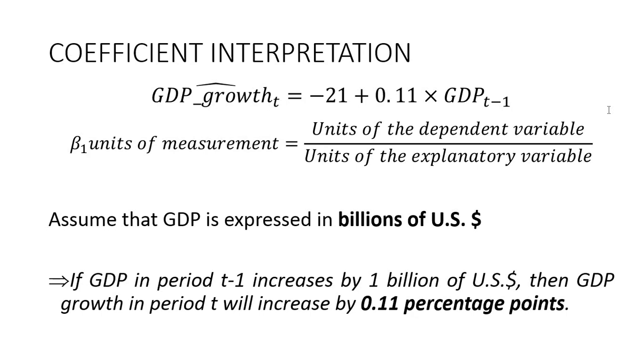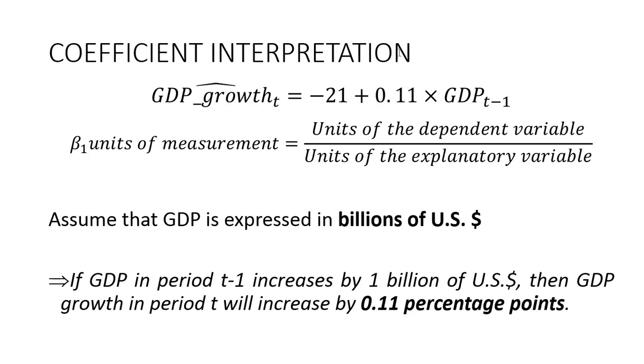So as you remember, we express beta 1 in units of measurement, as the ratio of units of dependent variable to units of explanatory variable. So speaking very informally, beta 1 can be interpreted as how many units of dependent variable per one unit of explanatory variable.